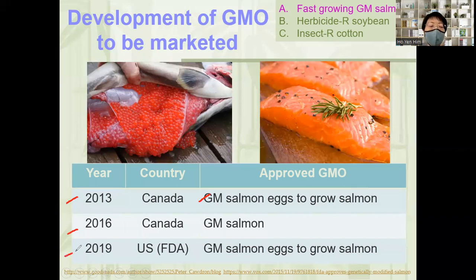In 2019, US FDA allows GM salmon eggs to be used to grow salmon. So this is to show you that even though the genetic engineering technique has been developed many, many years ago, it takes many years to actually develop the technique and produce a product that is safe enough to be marketed. So it takes a lot of research and development in order to get the final product.